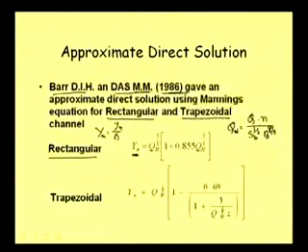Well, now what we can do, if in a problem Q is given, n is given, bed slope SB is given, and bed width b is given, we can first calculate the non-dimensional discharge Qn.